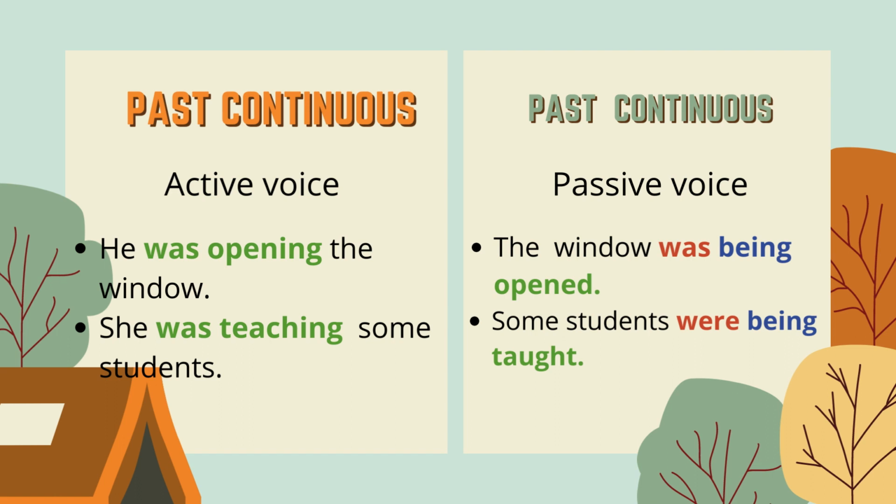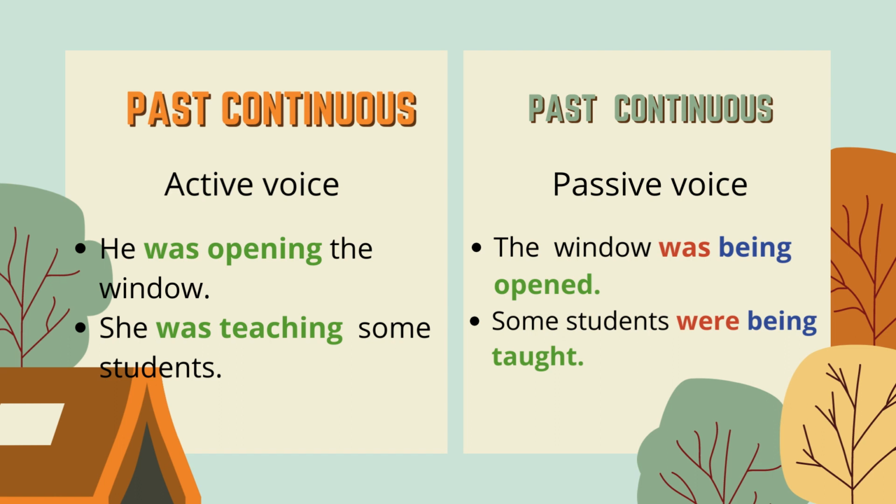The second example, she was teaching some students. Some students here is plural. For this reason, we use were plus being plus the past participle form, which is taught, the past participle form of the verb teach.